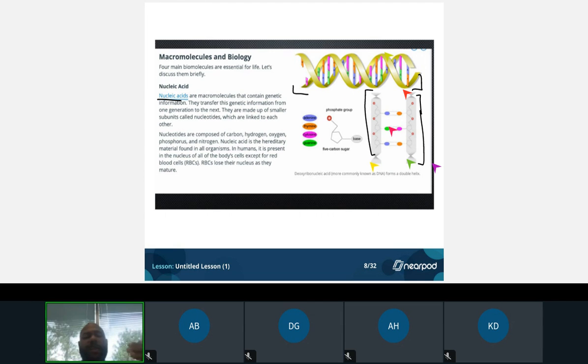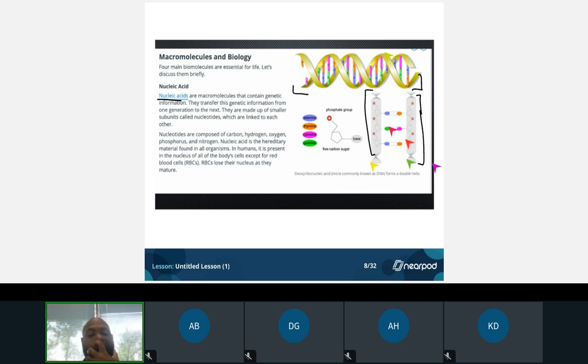Now, the cool part is we usually refer to them by the first letter of their names: adenine A, thymine T, guanine G, and cytosine C. The interesting part is that A's and T's, when we talk about DNA, match up, and C's and G's match up. So this sequence of DNA is just a measure of A's and T's and C's and G's matching up.